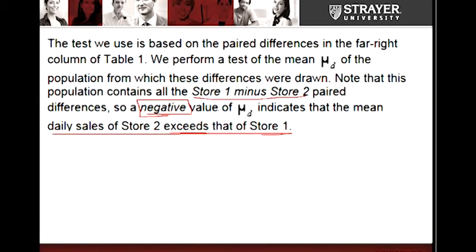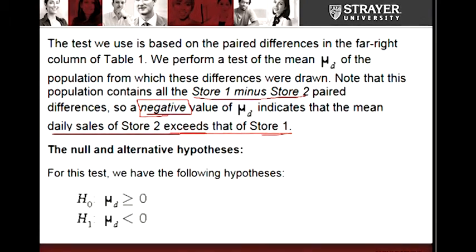So that's kind of an odd thing. It doesn't sit well in your brain, but it does fit well mathematically. So our null and alternative: the alternative is going to be that the mean difference is negative. And of course, less than 0 means negative. So the opposite of that is greater than or equal to.